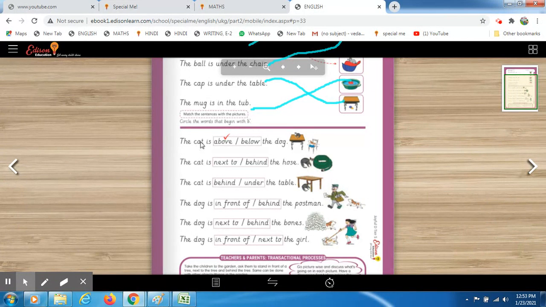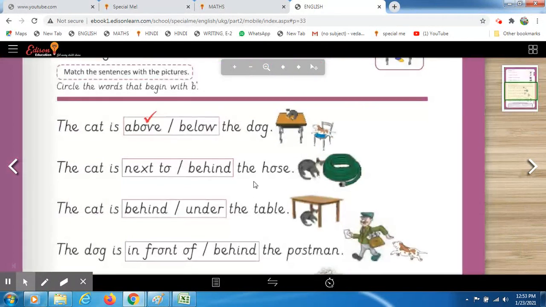The cat is dash the dog. Now see the picture carefully, students. The cat is dash the dog. See, you have to see the position of cat and you also have to see the position of dog.